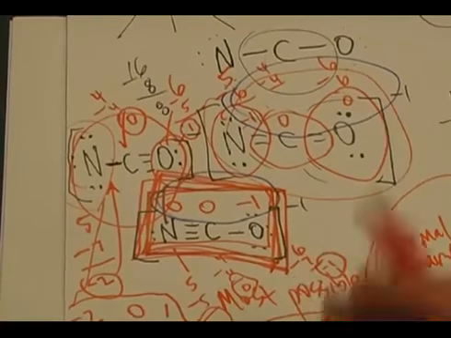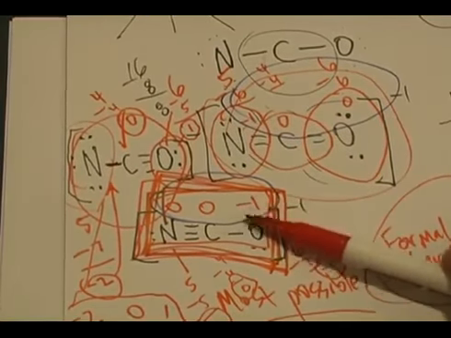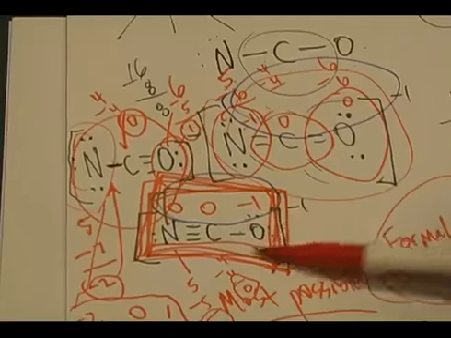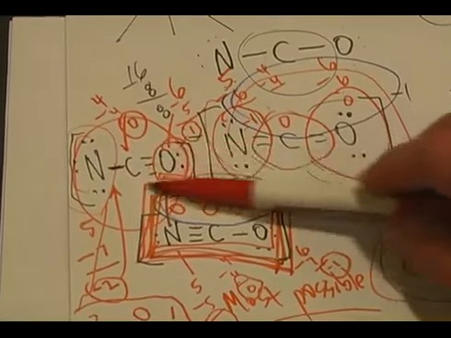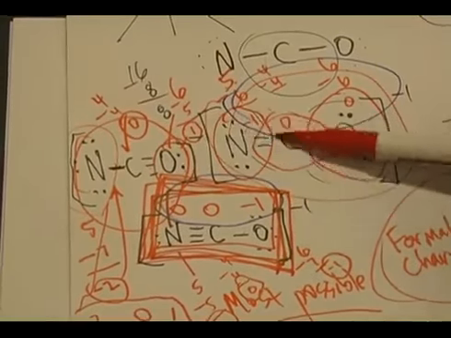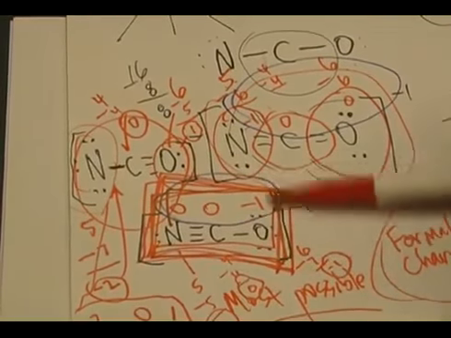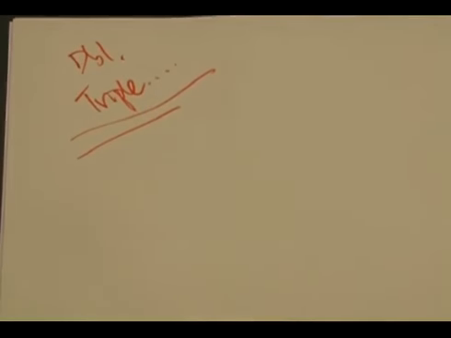But let's go back to the double and triples, the ones we had right here, and ask, well, I know that this is the most probable Lewis electron dot structure here too, but what about these other two? Well, there might be a little bit of those, and they're possible, but this one is the most probable of all.